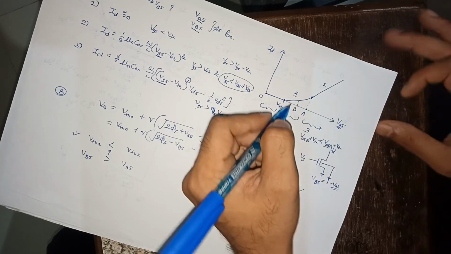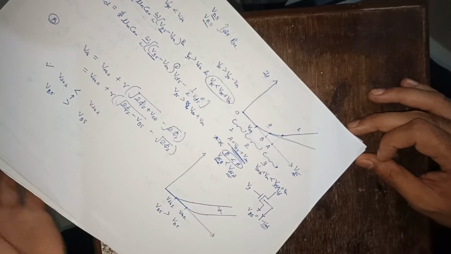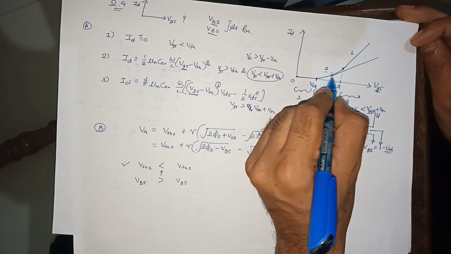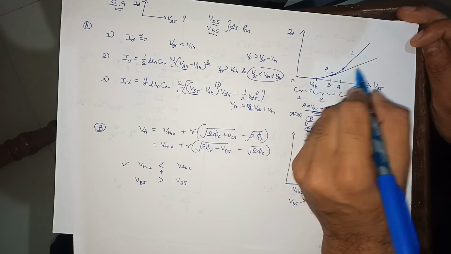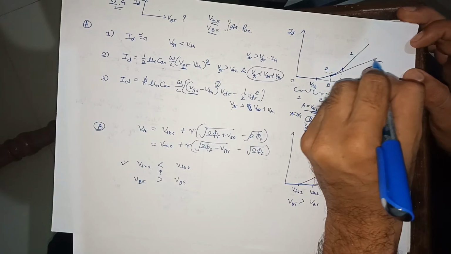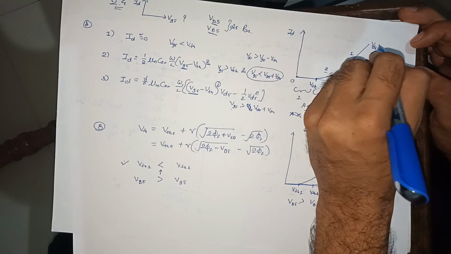This is point B. It will follow the straight line after this point. Sorry for the drawing error, but consider this a smooth graph. So this is for lower VDS, and this is for higher VDS.